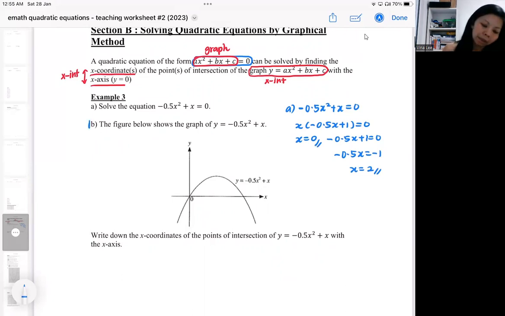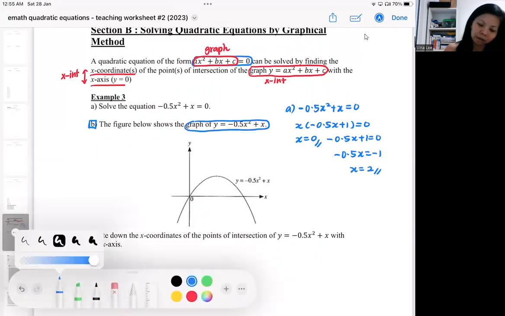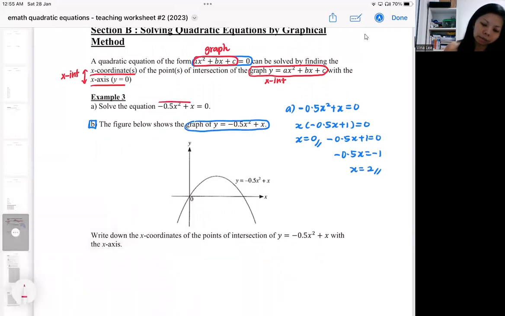In part B, you realize that we have a graph, and this graph is exactly this equation. So where is the x coordinate of the intersection with the x-axis? They are asking you what is the x-intercept.